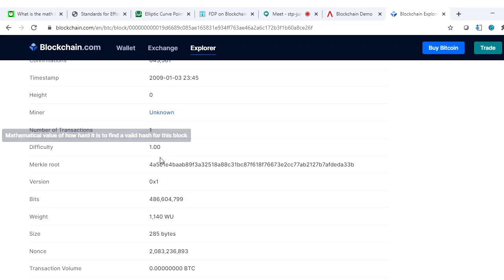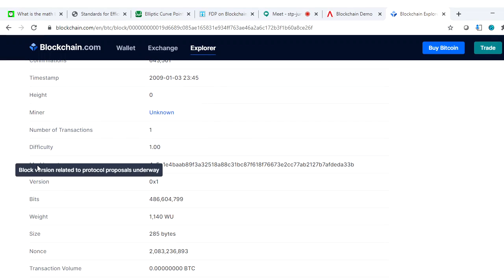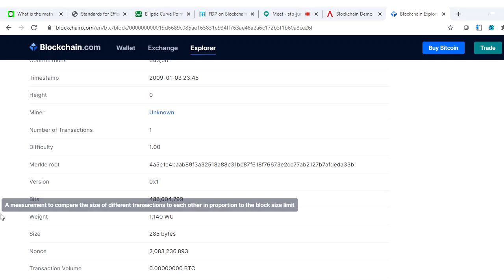Based upon the difficulty level, the nonce, a random value, will be decided. And the Merkle root is this one. The Merkle root is the root hash value of the tree that was created with the transactions included in the block.